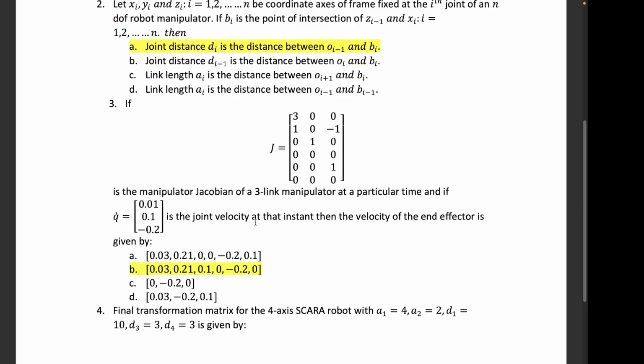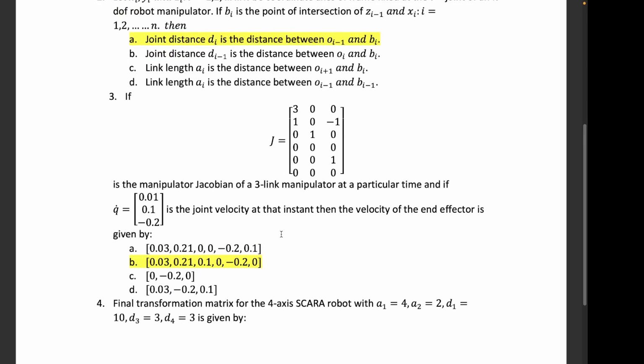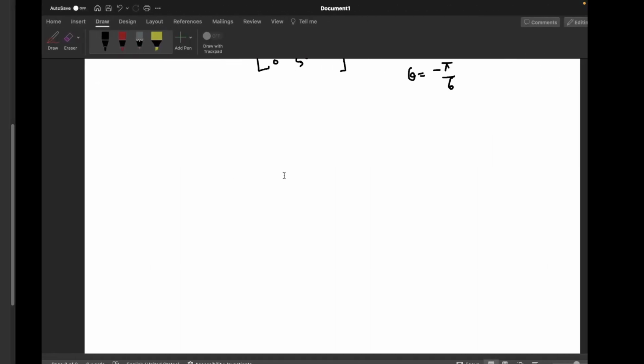And we have to compute the velocity of the end effector at this instant. So this is a 6 cross 3 matrix, and here we have a 3 cross 1 matrix. So the end effector's velocity is given by J q dot.